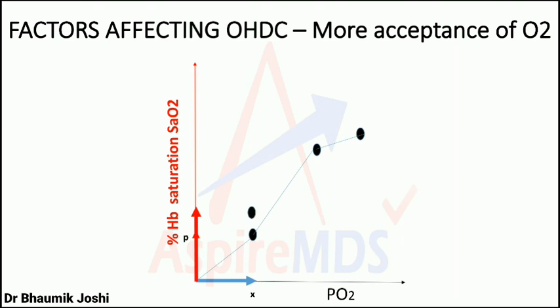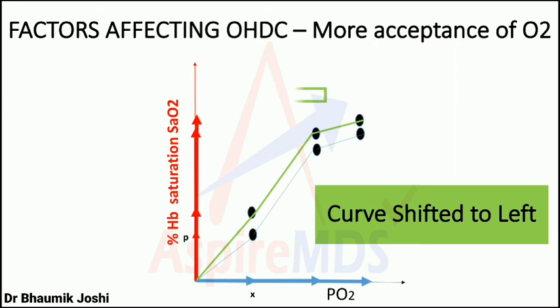As we keep on increasing the partial pressure of oxygen, the saturation will be more as compared to what it was previously, because these factors cause more association of oxygen with hemoglobin. So this will keep on increasing, and if we see the curve that forms in the presence of these factors, we can see this curve has shifted to the left as compared to the previous condition.